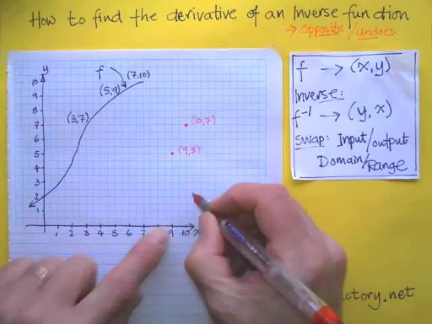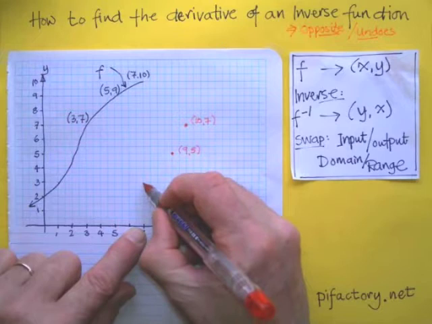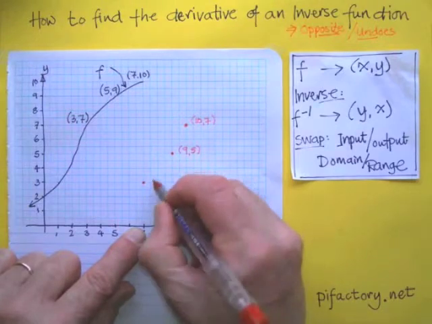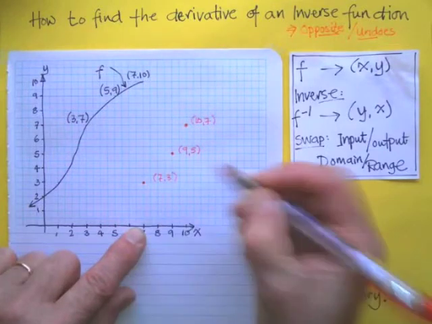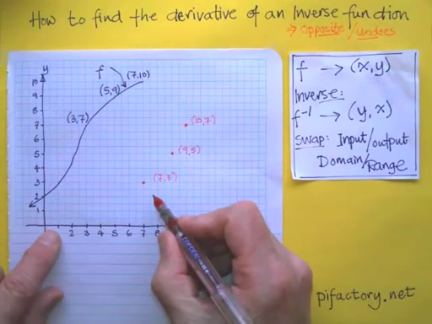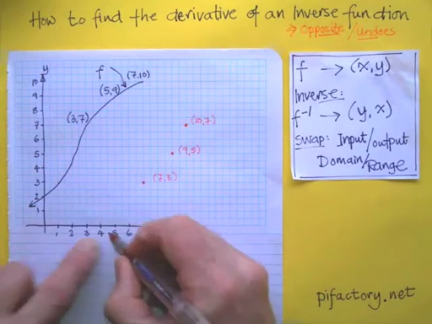The inverse is going to be 5, 9, and 3, 7 becomes 7, 3. And then we can just plot a few more. 4.5, 2.